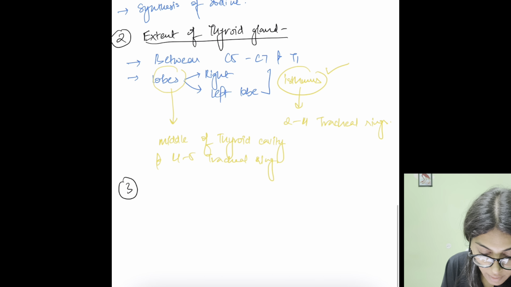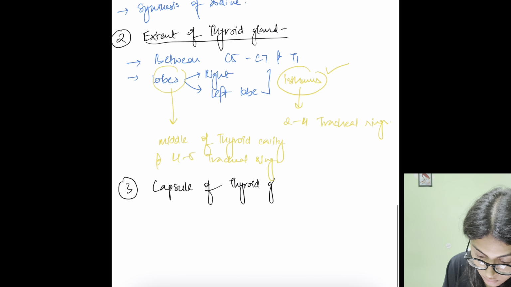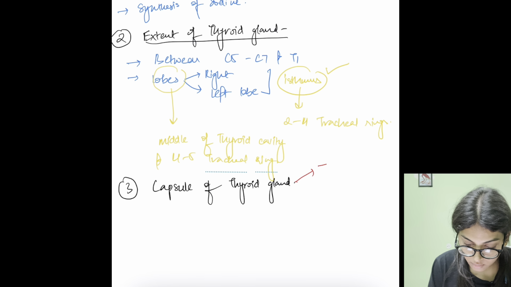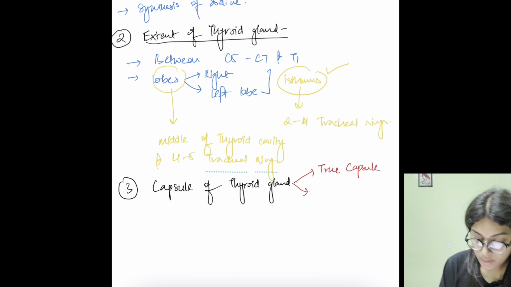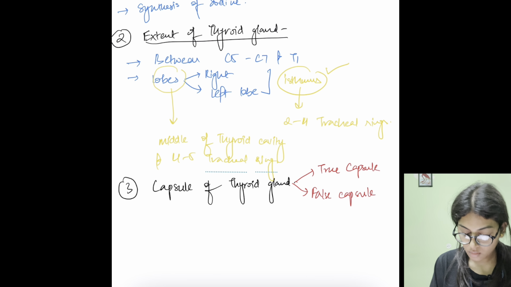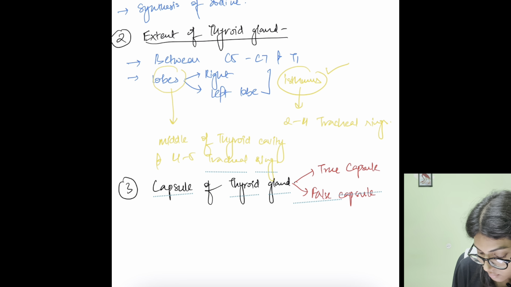Now we will talk about the capsule of thyroid gland. There are two capsules of thyroid gland. First is a true capsule, and second is a false capsule. The false capsule is the outer one.